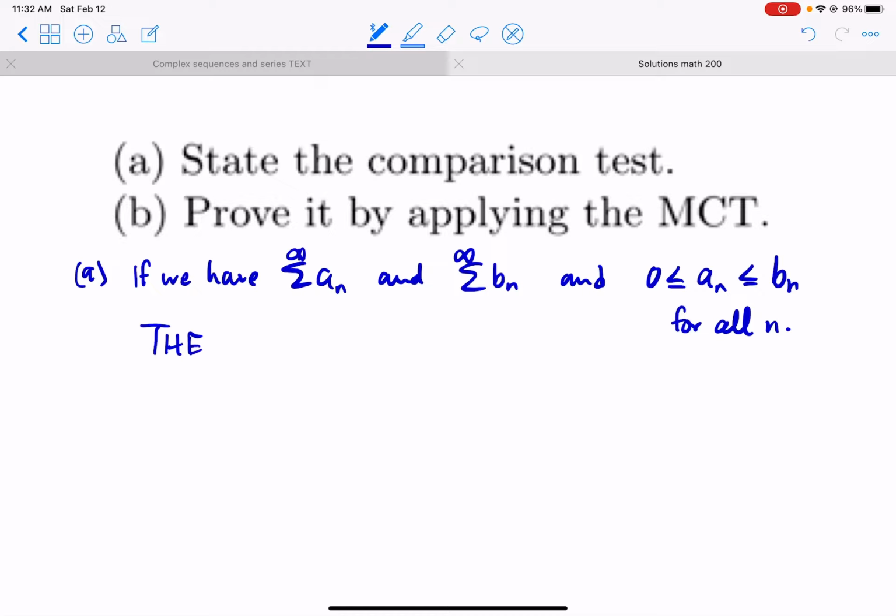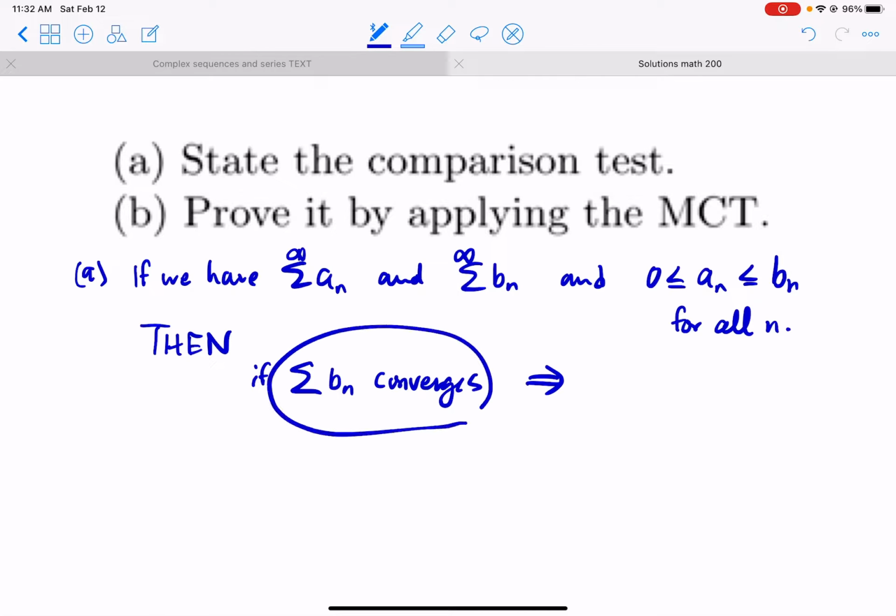Then if the smaller ones diverge, so do the bigger ones. If the bigger ones converge, then the smaller one converges too. Okay, because basically the bigger ones are going to bound the smaller ones.